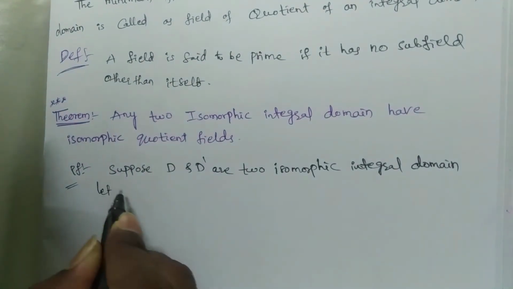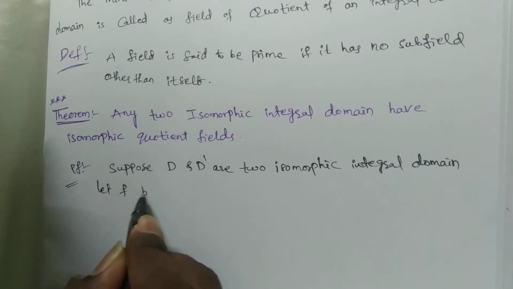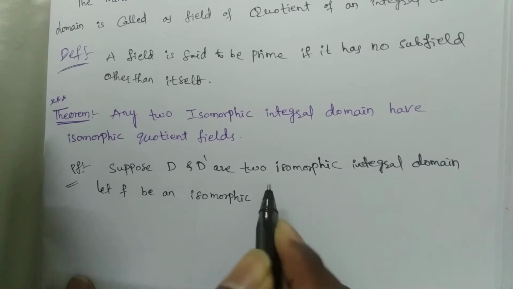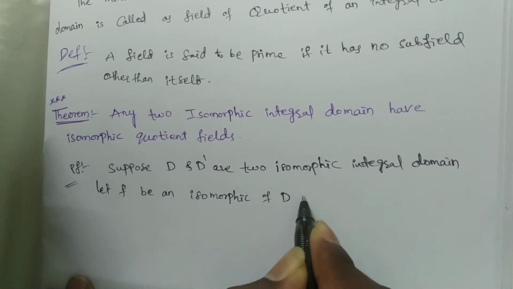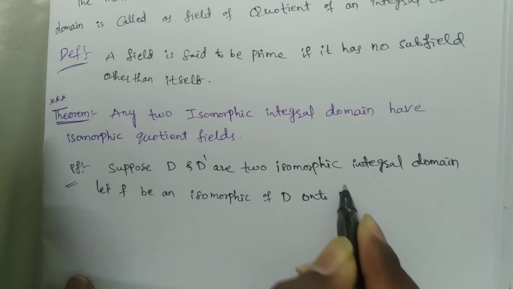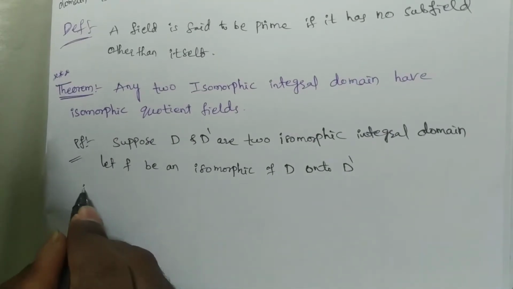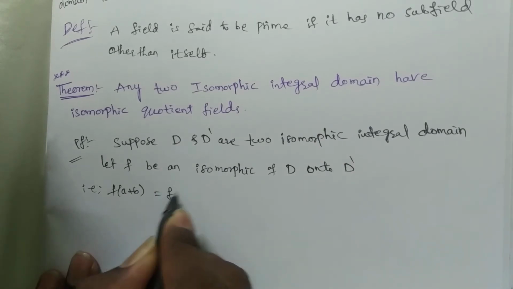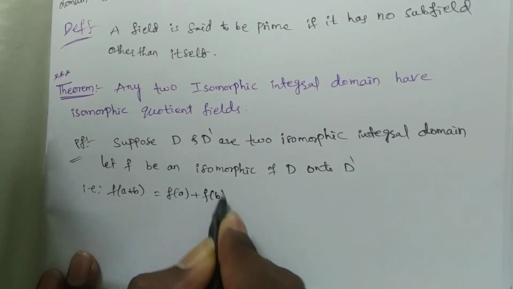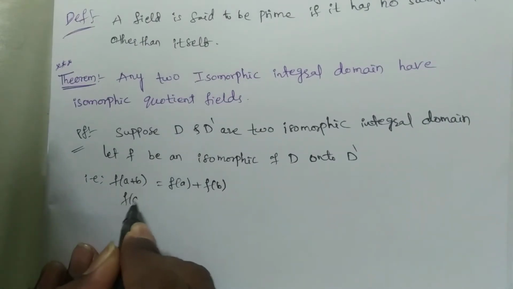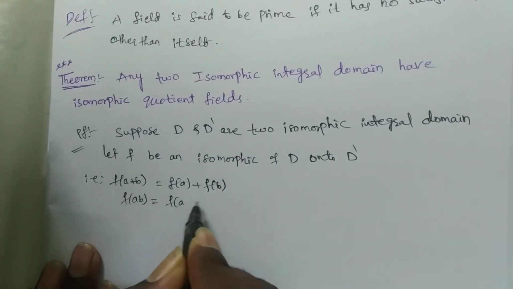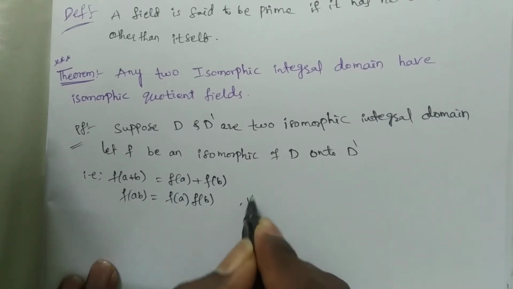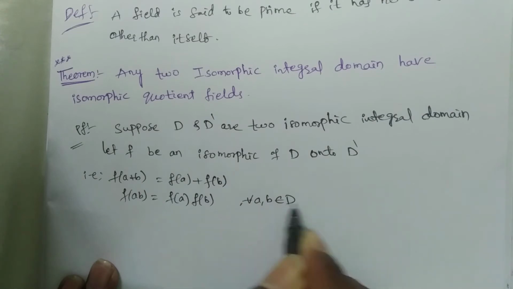Let f be an isomorphism of D onto D dash. That is, f of a plus b equals f of a plus f of b, and f of a into b equals f of a into f of b, for all a, b belonging to D.